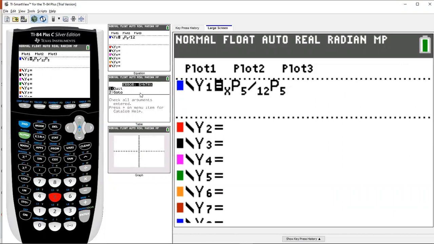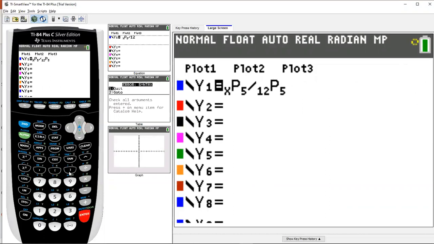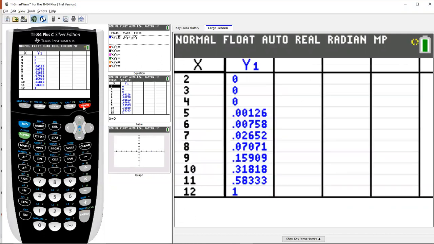Now it's showing that I'm going to have error messages because graphing this is not going to go so well. But let's get out of this first. So go ahead and hit enter. All right, and then we're going to go to second graph to see the table.